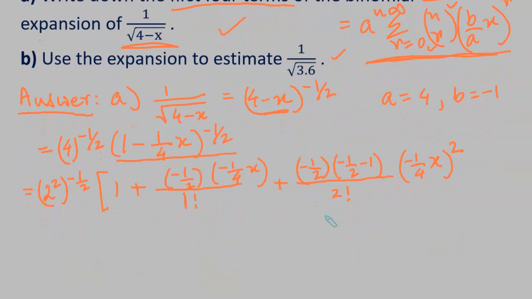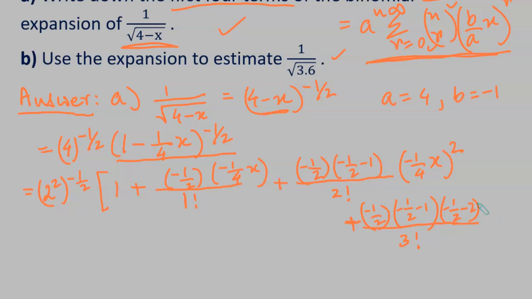The fourth term is over 3 factorial, and now we will be having 3 factors in the numerator. It is -12, -12 minus 1, and -12 minus 2.